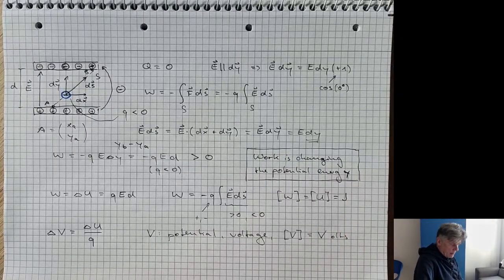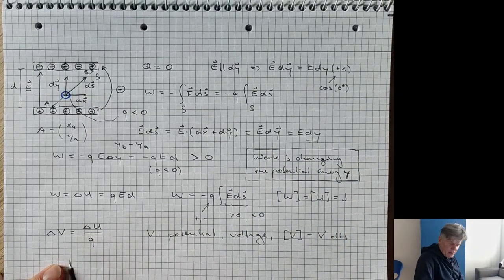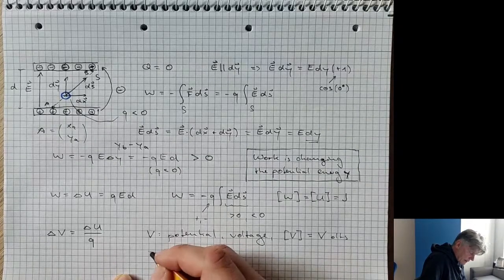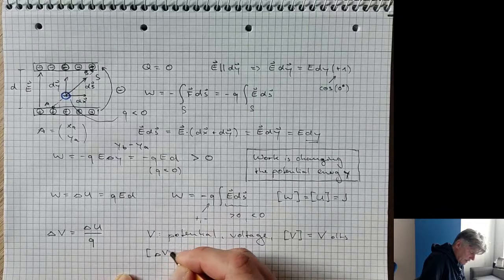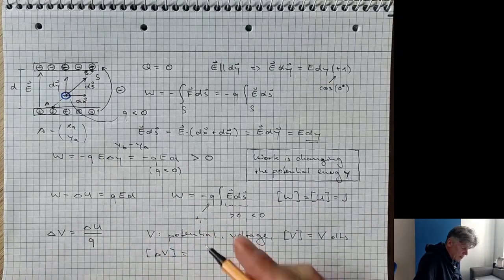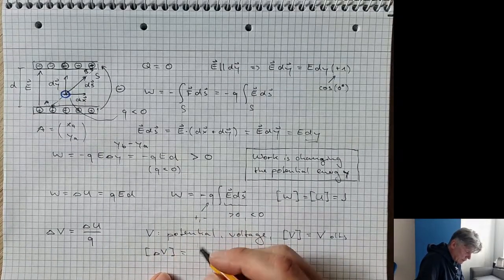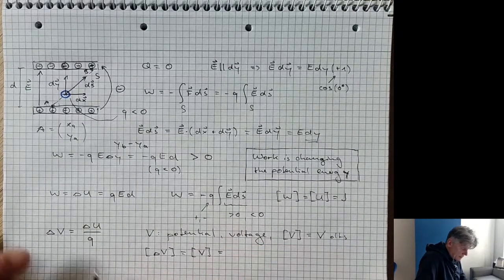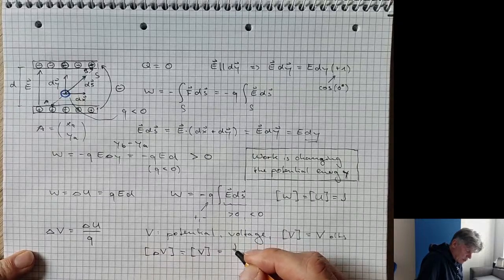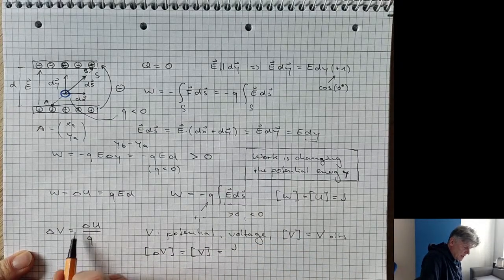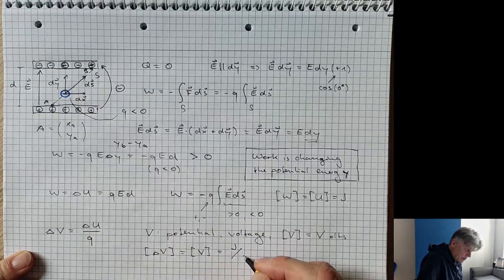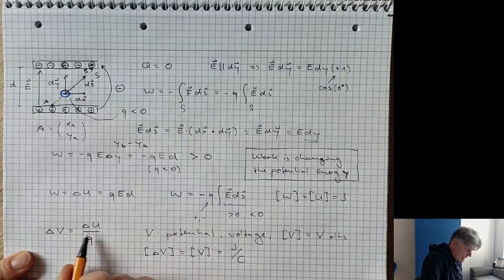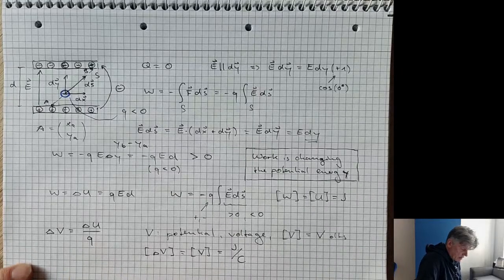And from this equation here, you can infer that the unit of delta V, a difference between two potentials, is the same as the unit of V, but you can see here it can also be expressed as joule, which is the change in potential energy per Coulomb. So the change of potential energy acting on a particular charge.